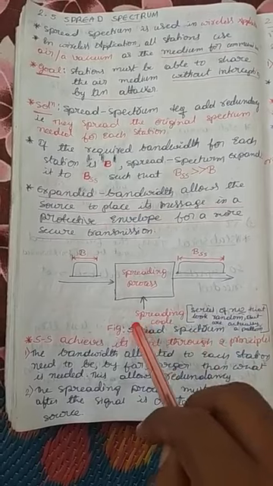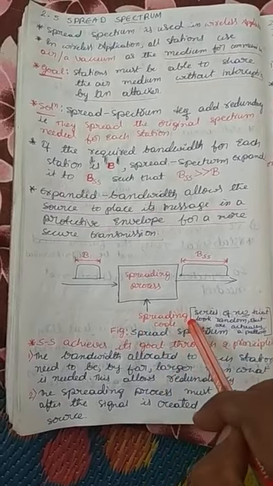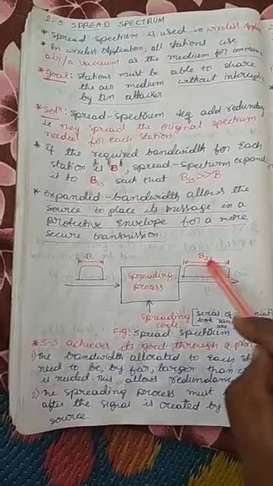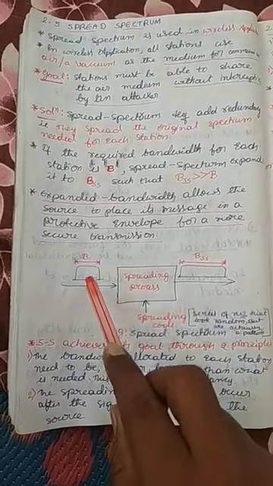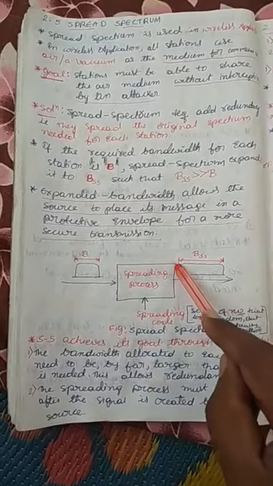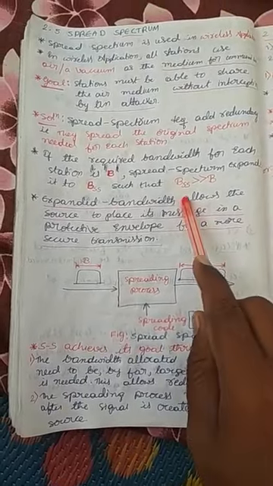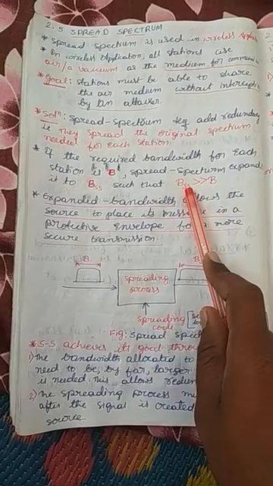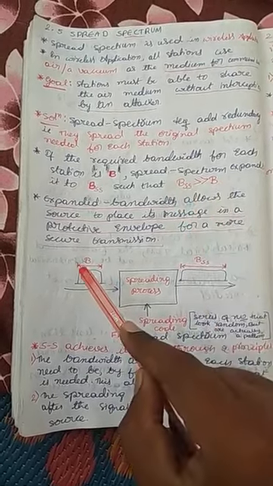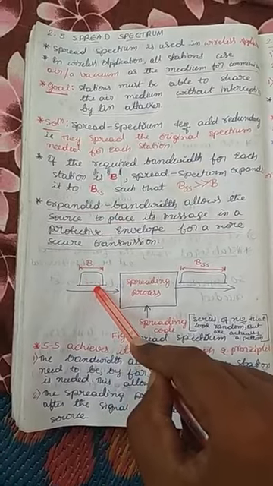When we apply the spreading code, the band is expanded. Here the bandwidth is small, and here the bandwidth is bigger. So the spread spectrum bandwidth is always greater than the bandwidth of the source.